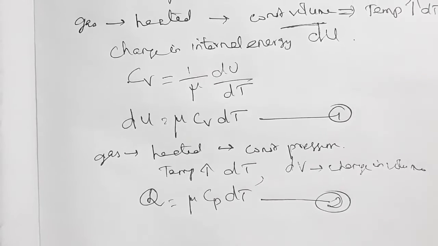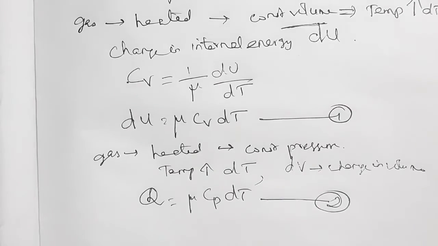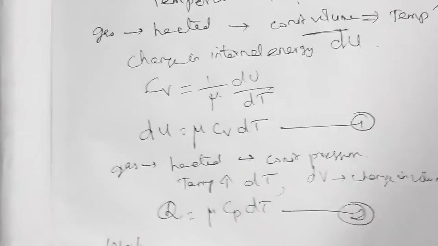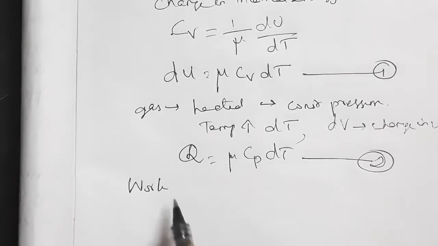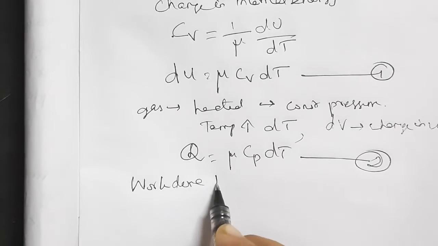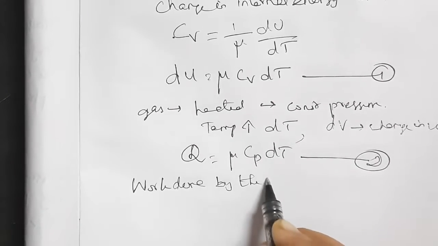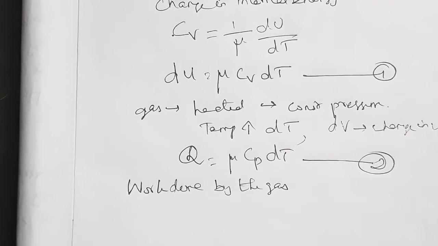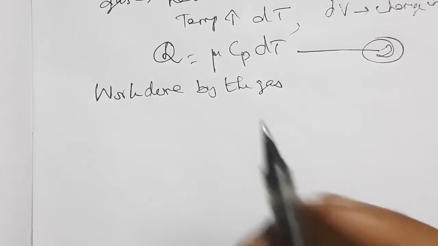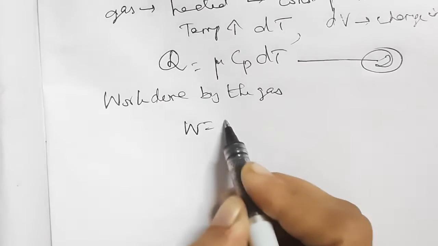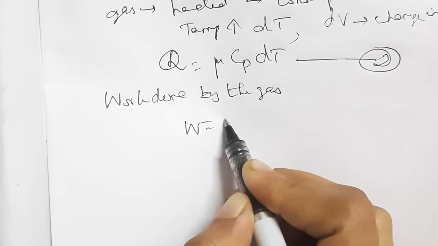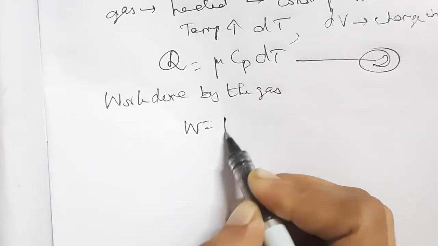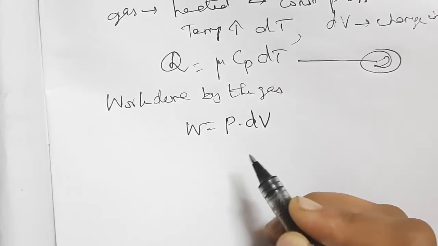Now let's find the work done by the gas in that process. Work done by the gas is W is equal to P into V. Here the volume changes, but the pressure remains constant. So we can write P into dV.